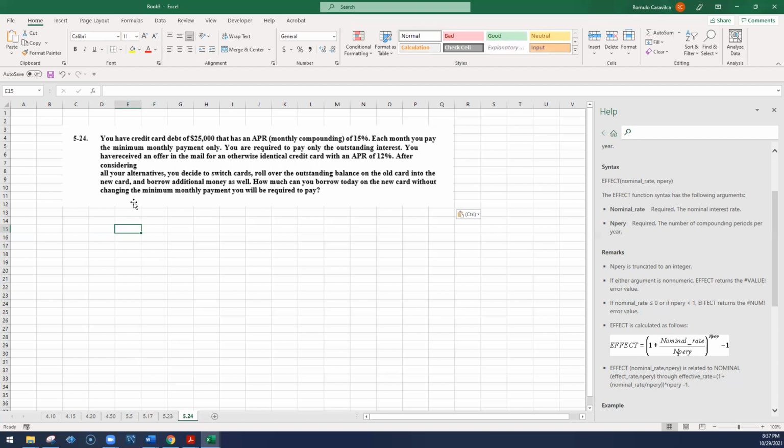So it tells me that I have an outstanding balance of 25,000, and my rate is 15%, compounding monthly. If I divide it by 12, I get my monthly rate.